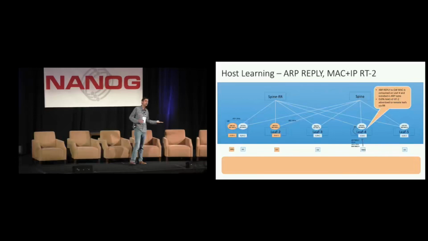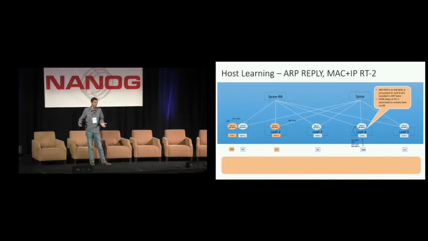Because the ARP request was originated from a default or Anycast default gateway, the unicast ARP reply would be destined to the Anycast gateway MAC. And because this Anycast gateway is distributed across all the leaves in that EVPN instance, the ARP reply will be consumed locally on leaf 4 itself, because it is destined to leaf 4's local MAC as well.